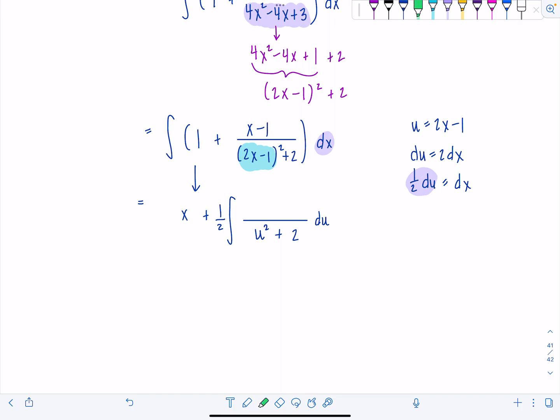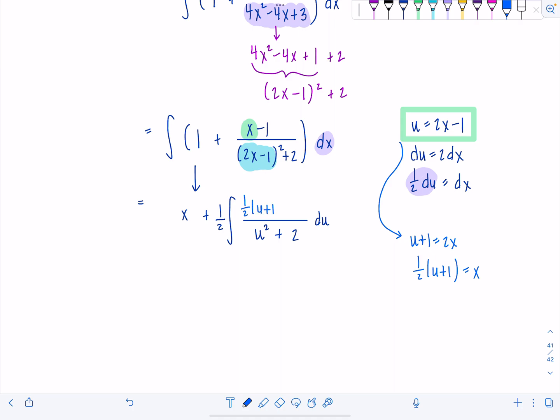And then, oh no, what do we do about this x? You're going to come right here where you made your u substitution and solve for x in terms of u. It's not hard. Add 1, u plus 1 is 2x, and then that means 1/2 times u plus 1 is equal to x. So that's what's going to get substituted, 1/2 u plus 1 instead of x, and then I still have minus 1.